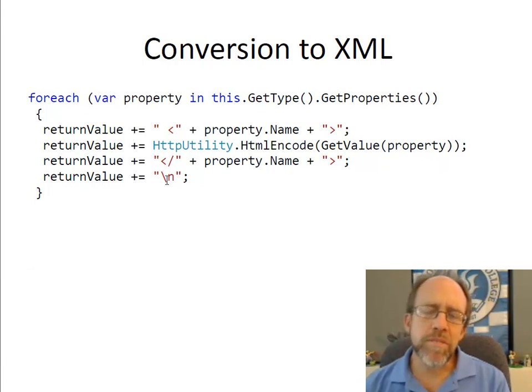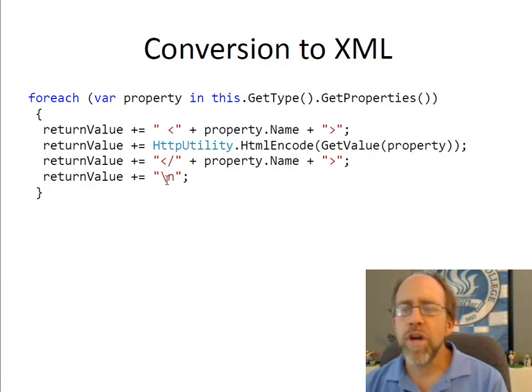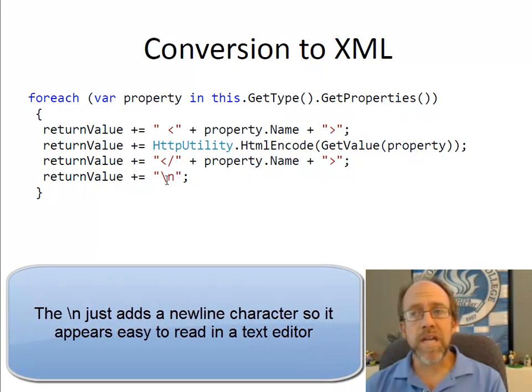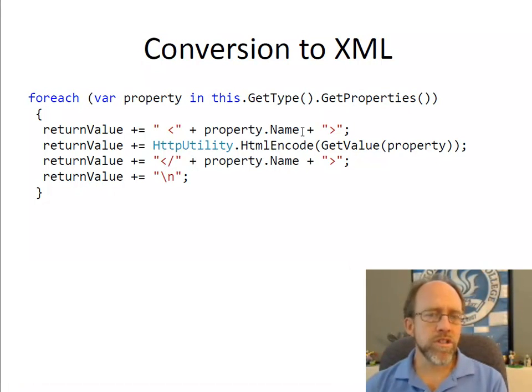In my more complex version, I also keep the property type as an attribute in here. If you understand how XML works, you'll understand that putting together the type attribute will be relatively straightforward. It's also relatively straightforward to take a PropertyInfo object and get the type of that property. So not terribly hard.